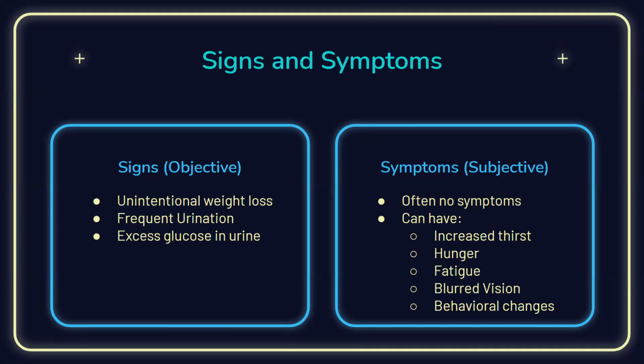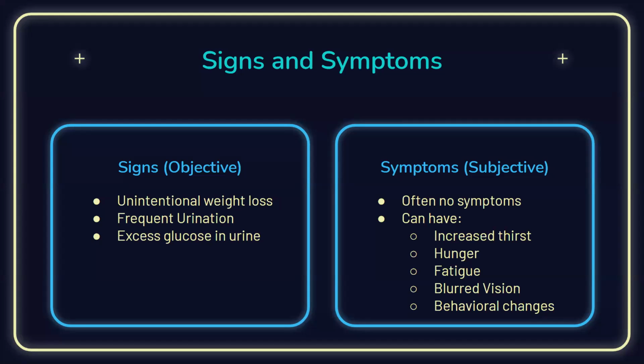Some symptoms might be subjective to each specific patient. Sometimes they can have no symptoms, but they can also have increased thirst, hunger, fatigue, blurred vision, and even behavioral changes.